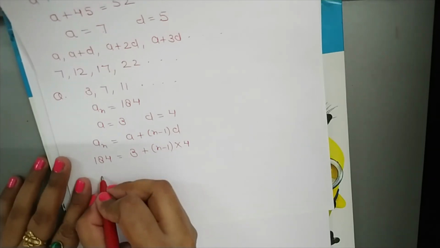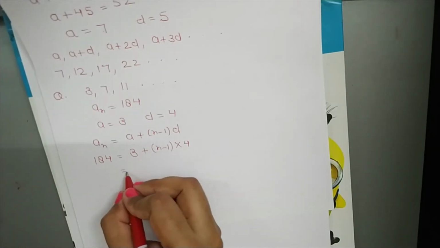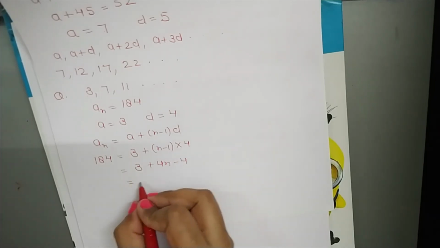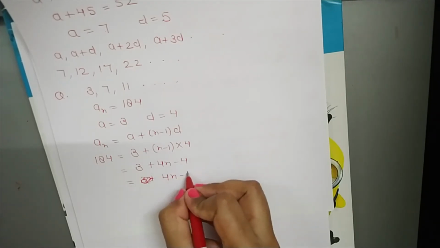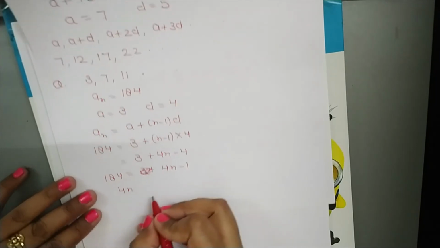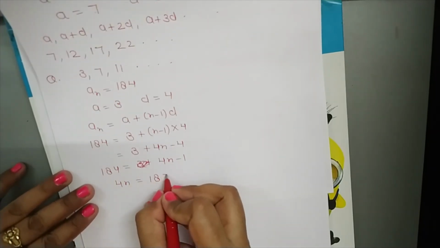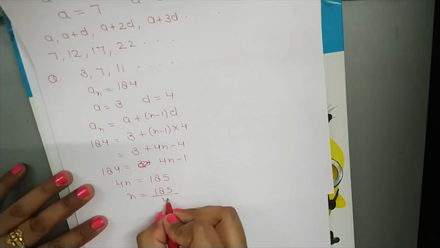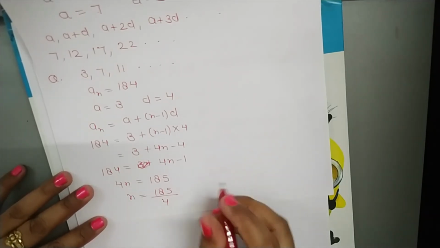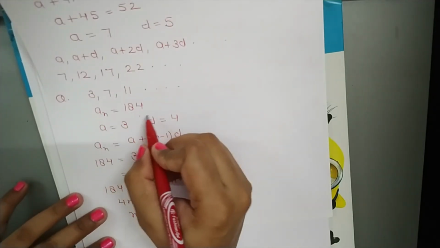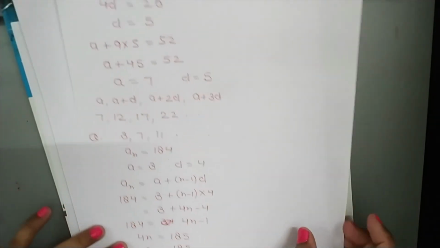Now it will be 3 plus 4n minus 4. So it will be 3 plus 4n minus 4 is equal to 184. So 4n is equal to 185. n is equal to 185 upon 4, which is not a natural number. It means we can say that 184 is not a term of the given sequence.